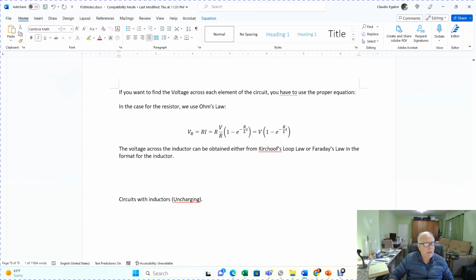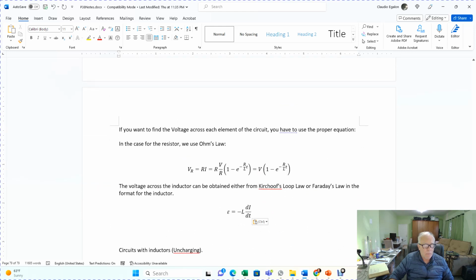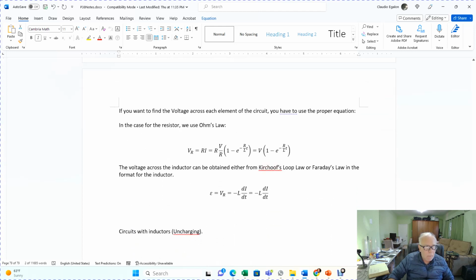Okay, recall the current is the same whether it's going through the inductor or the resistor. I'm going to change the notation here and copy what we have right in here.